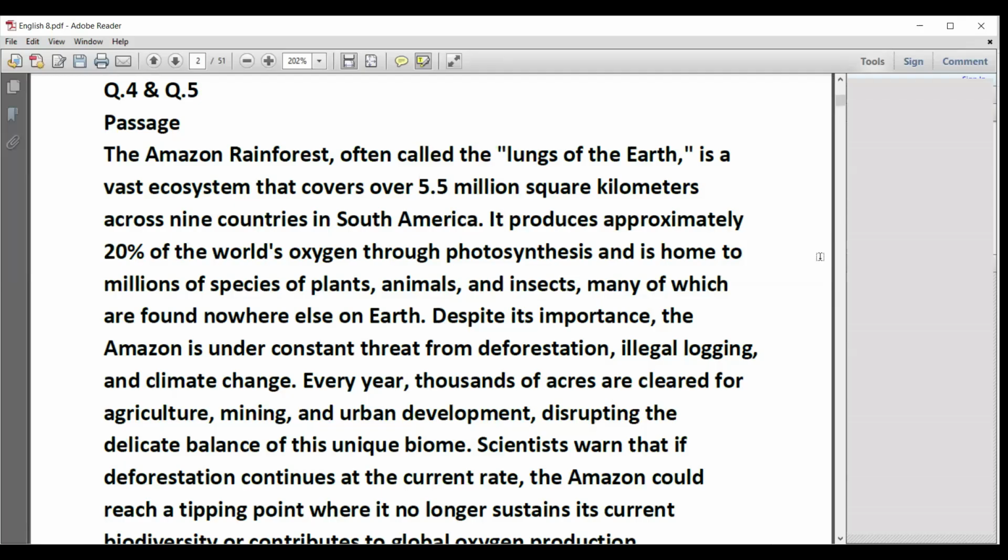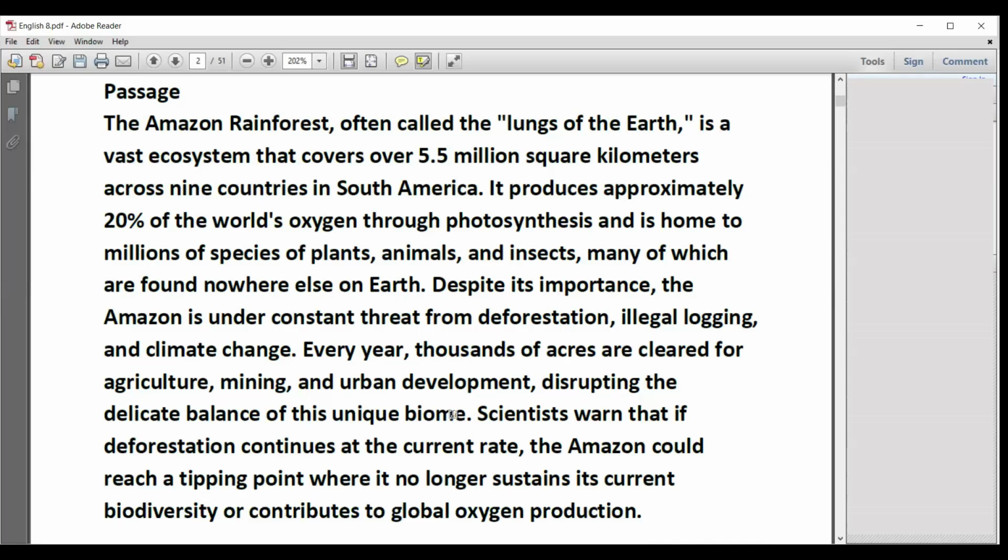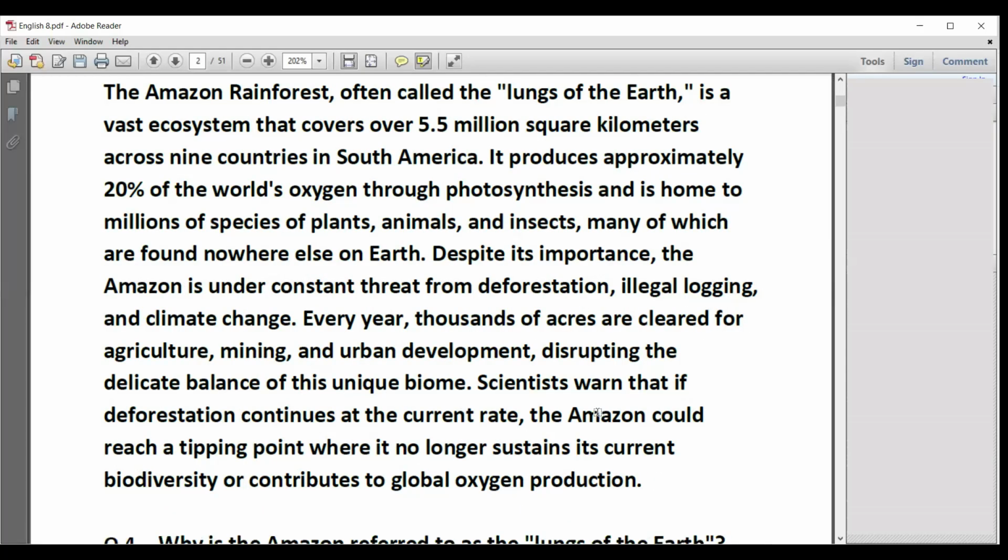Despite its importance, the Amazon is under constant threat from deforestation, illegal logging, and climate change. Every year, thousands of acres are cleared for agriculture, mining, and urban development, disrupting the delicate balance of this unique biome. Scientists warn that if deforestation continues at the current rate, the Amazon could reach a tipping point where it no longer sustains its current biodiversity or contributes to global oxygen production.